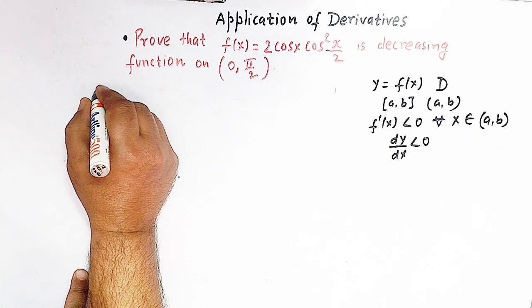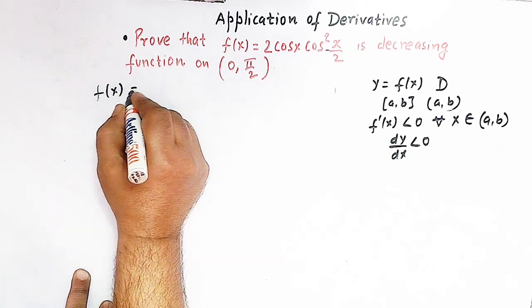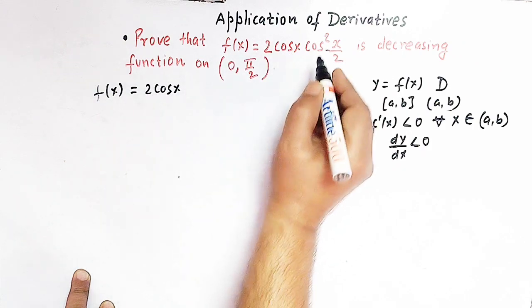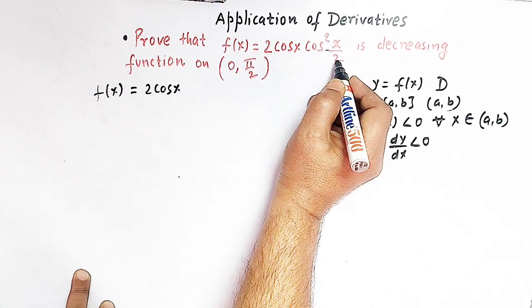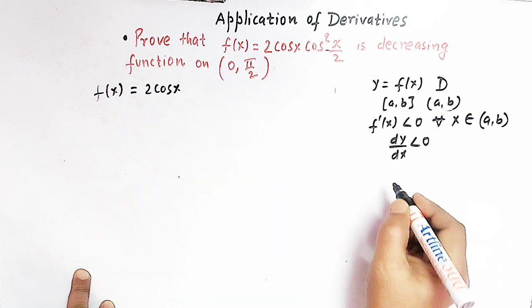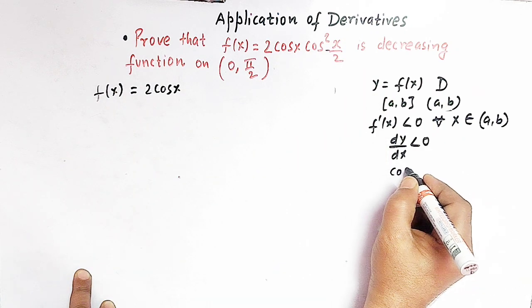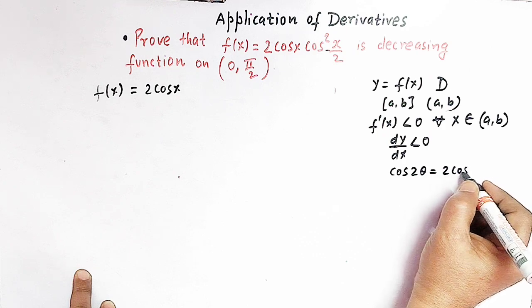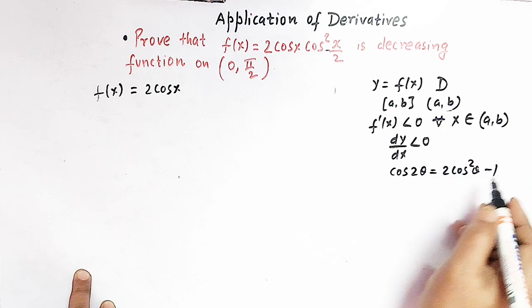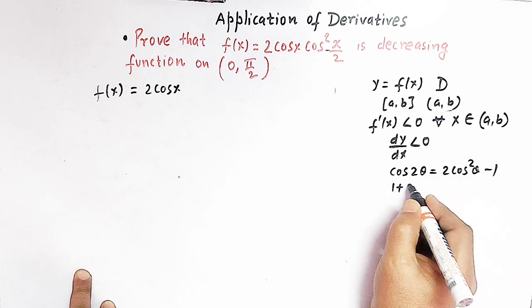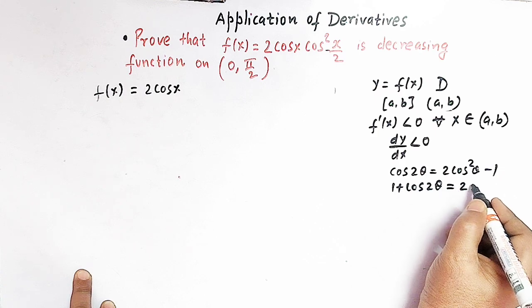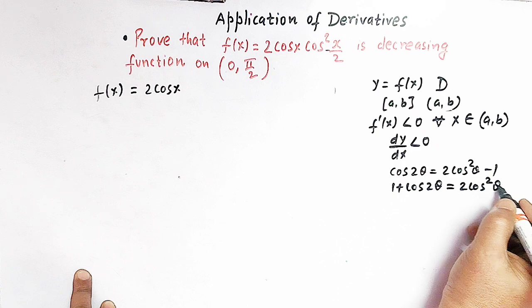So let us first write f of x as 2 cos x cos square x over 2. Now from trigonometry we know that cosine 2 theta is equal to 2 cos square theta minus 1. So taking minus 1 to this side, we have 1 plus cos 2 theta is equal to 2 cos square theta.